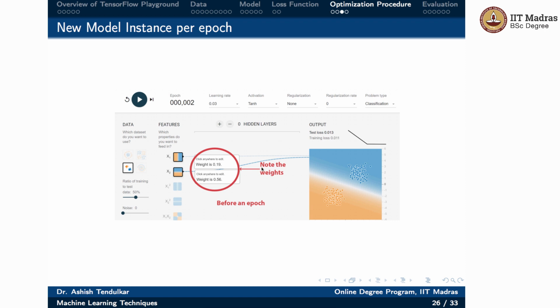Because of these particular weight values, we also see different losses that appear in this region, which is the evaluation visualization region. As we move to the third epoch, the weight has changed. If you go back and check, the weight was 0.19 here and 0.56 over here, and in the next epoch it had changed to 0.23 and 0.59, and the losses have also changed.